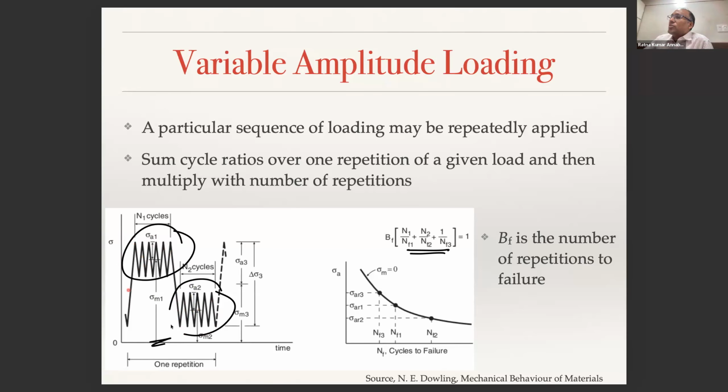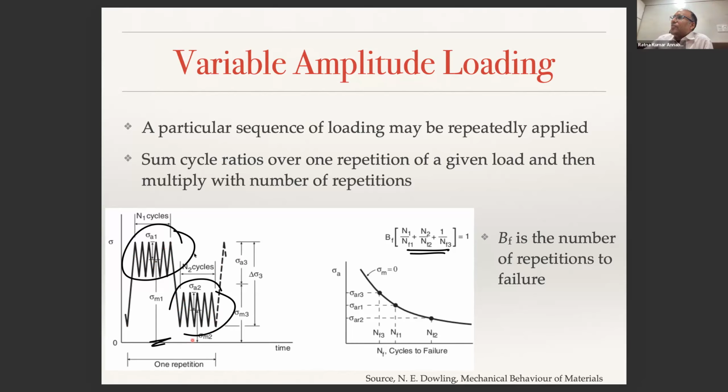Correct? So this is one example of an aircraft, but you can also have, for example, a machine component that is initially started, so that will have more load, and then it is operating condition, and then it is actually cooling down. Before completely stopping the machine, you first reduce the load, and then such a smaller load you operate for some time, and eventually you continue this operation, right?